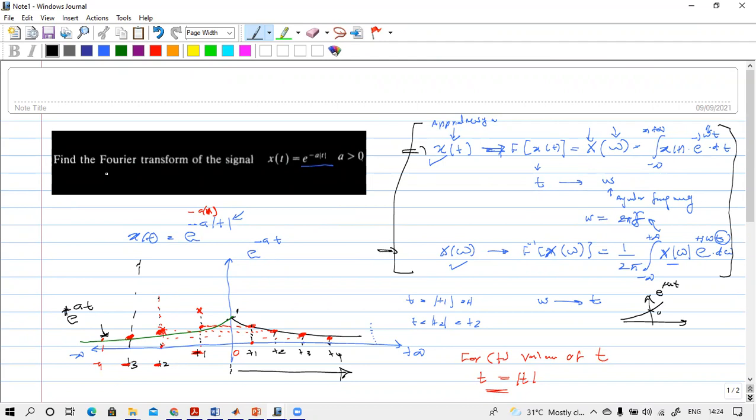We are asked to find the Fourier transform, so we have to use this one, the Fourier transform, first term.